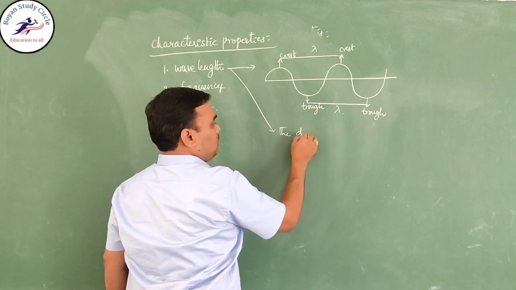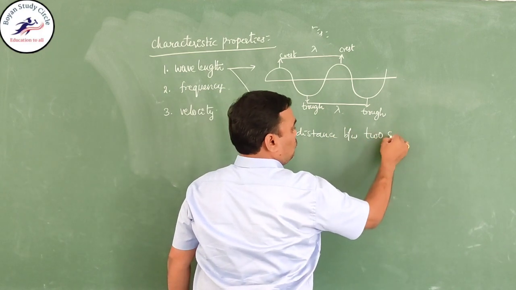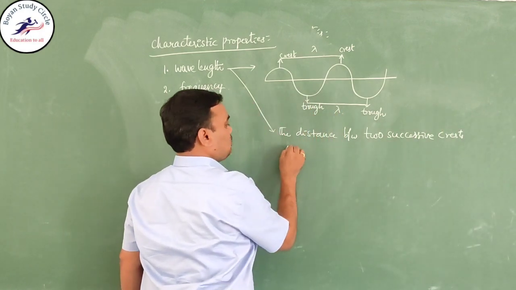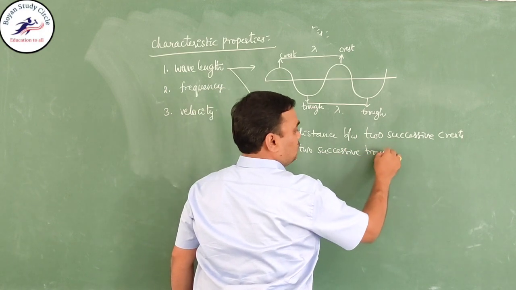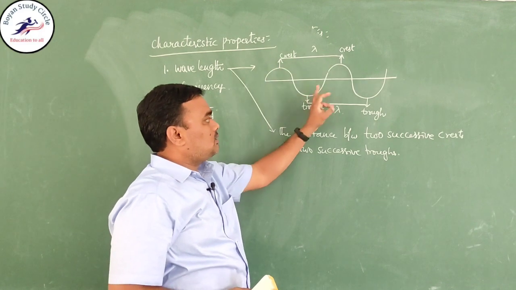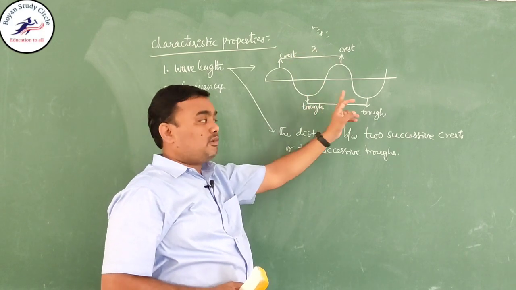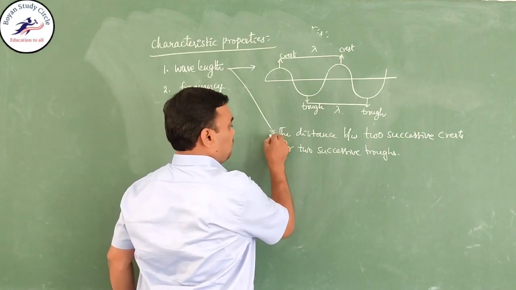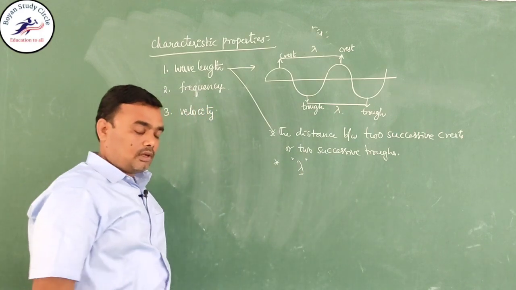The distance between two successive crests or two successive troughs. Here these are successive crests and these are successive troughs. The distance between two successive crests or two successive troughs is called wavelength, and it is indicated by the letter lambda.